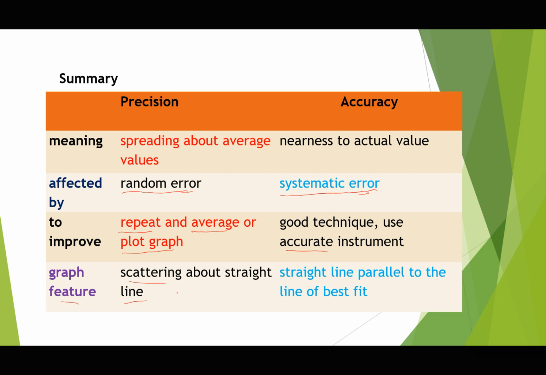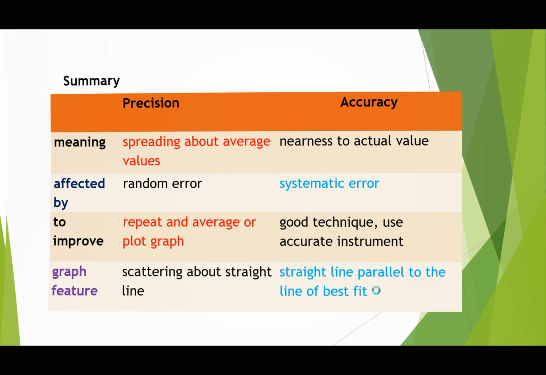For accuracy, if we draw a straight line through our points, and that line is parallel to the line of best fit, then we know that there is a problem with accuracy. So that is a summary of accuracy and precision.